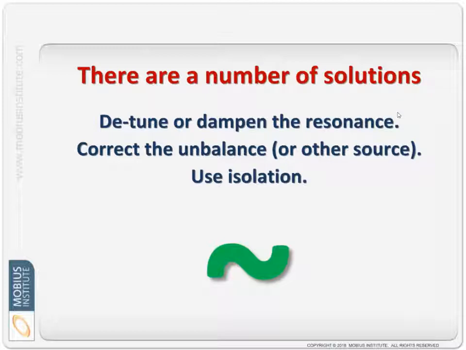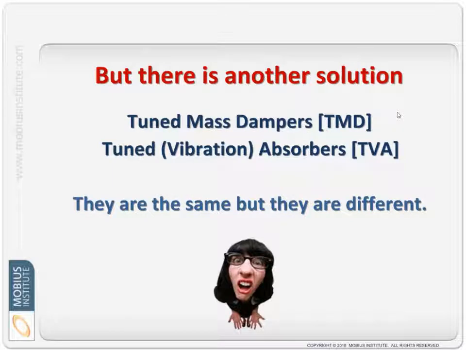One is to change the natural frequency of the system so we no longer excite the resonance, or we can add damping so there's not as much amplification, and we can try and control the unbalance or whatever the source of vibration is, and we can use isolation so that at least that vibration isn't transmitted through to the foundations. But there is another way, and that's with these tuned mass dampers and tuned absorbers, often called tuned vibration absorbers.